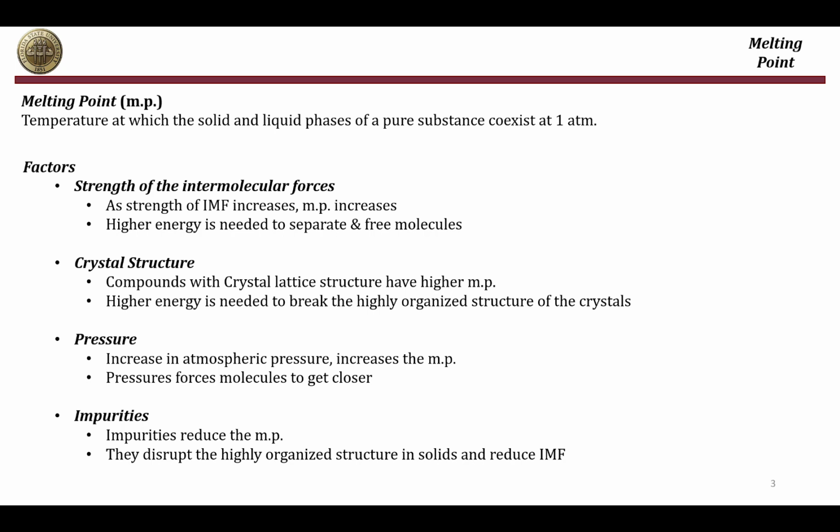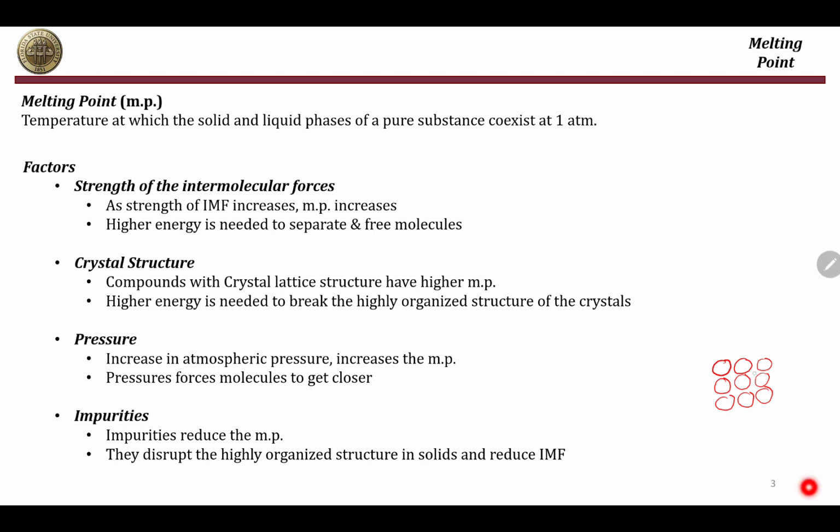Why do the impurities reduce the melting point? Because usually those impurities will disrupt the highly organized structure of the solid, and this reduces the strength of the intermolecular forces. If you have a pure solid, its molecules will be organized in a certain way, such as in this way, and breaking the forces which hold these molecules together and separating them requires too much energy.